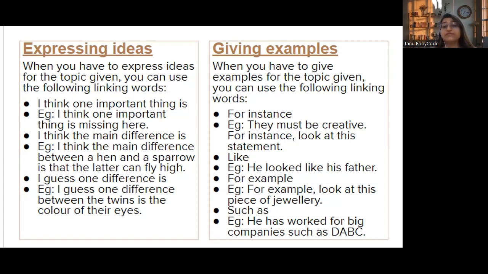When you want to give an example, now you're talking about a topic and then you want to give an example, you can use these connectors. For instance, like, for example, such as. So you can use these connectors when you're giving an example.